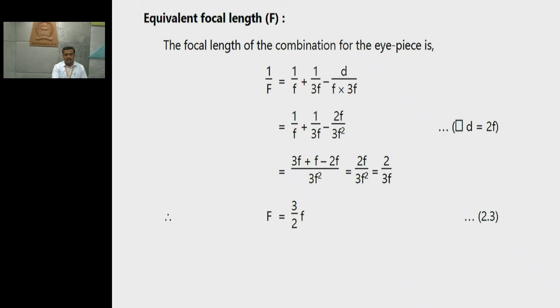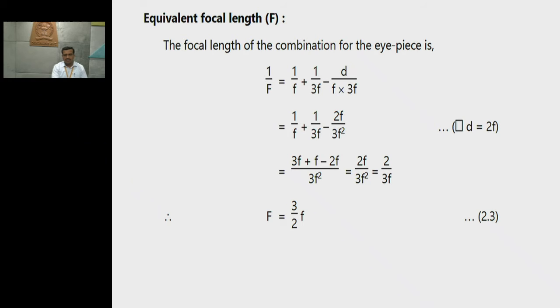For the eyepiece, 1 upon capital F equals 1 upon small f plus 1 upon 3f minus d upon f into 3f, where d is nothing but the distance between the two lenses.